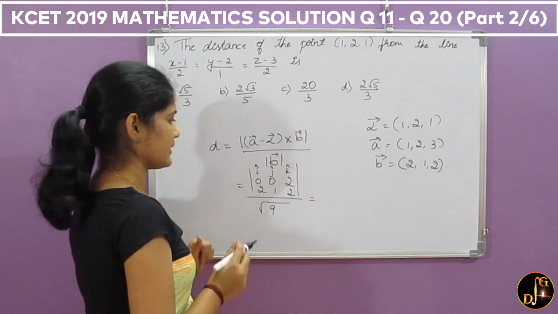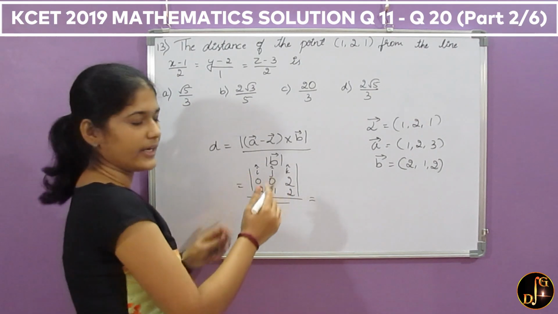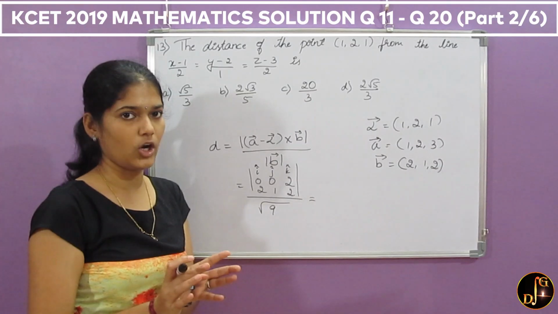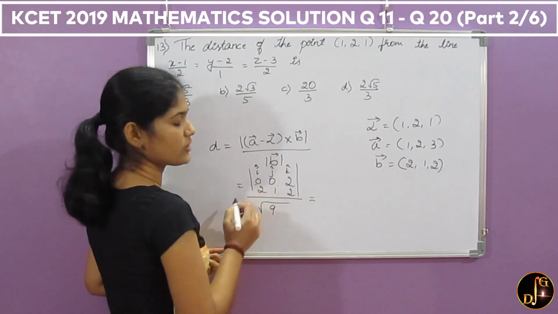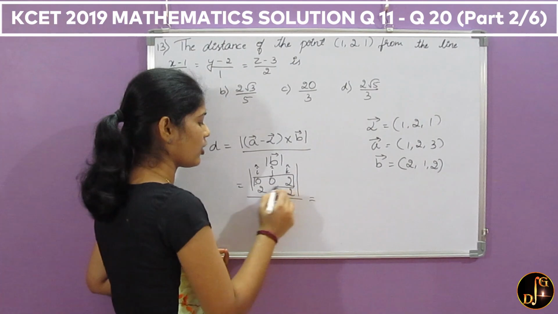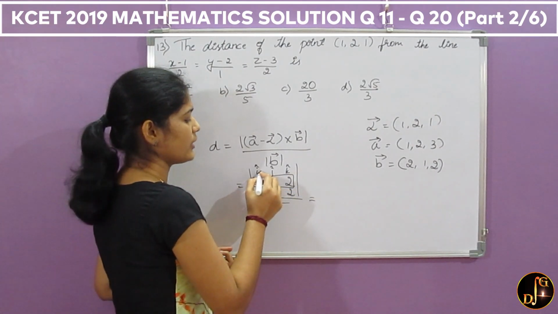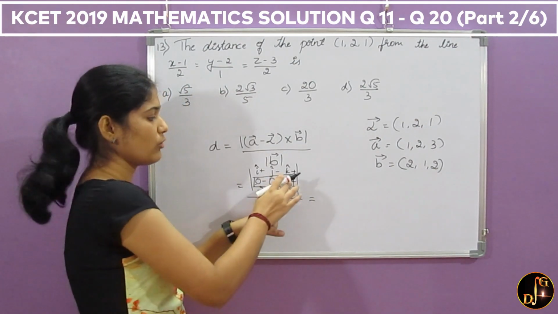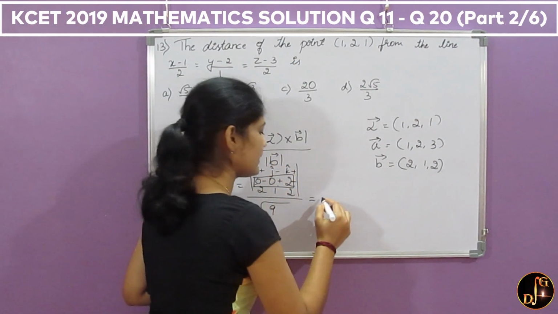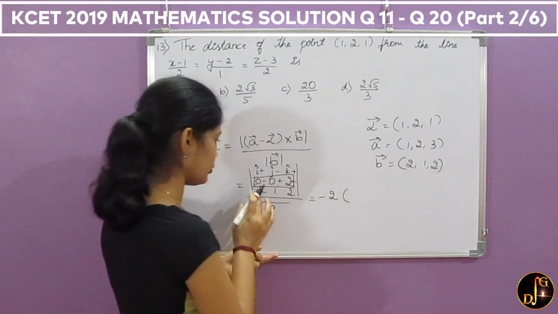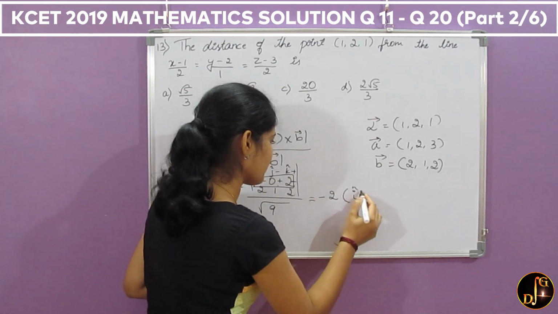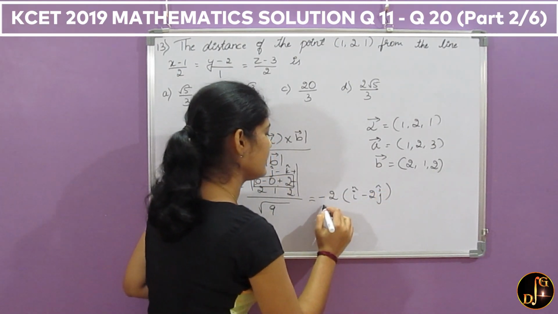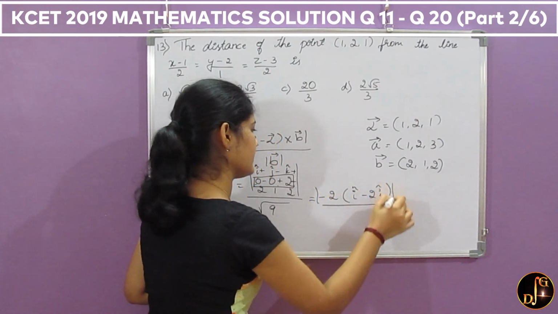On simplifying this, to find the determinant, we know that determinant can be found along any row or any column. So we have 2 zeros here. Let's find determinant along this row. And also we know that here plus, minus, plus and minus, plus, minus, right? So here we will get minus. The determinant is minus 2 into I cap minus 2j cap, right? Divided by, we have modulus here.